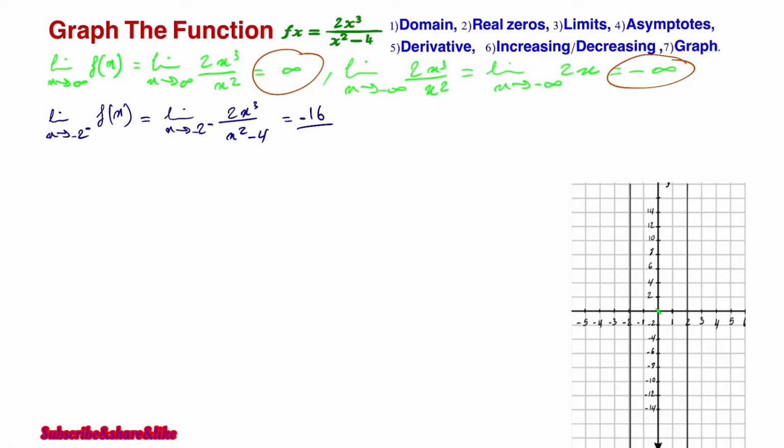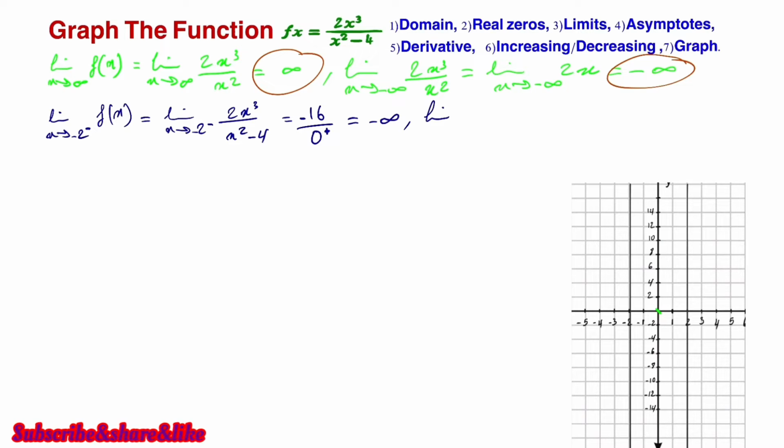We know that on this side of negative 2, the number is smaller than negative 2, but its absolute value is bigger than 2. If we square it, this number here is going to be positive, bigger than 4 in the sense that x squared minus 4 is almost 0, but positive. It's tiny, but it's positive, so it will be almost 0 positive, and we will have minus infinity.